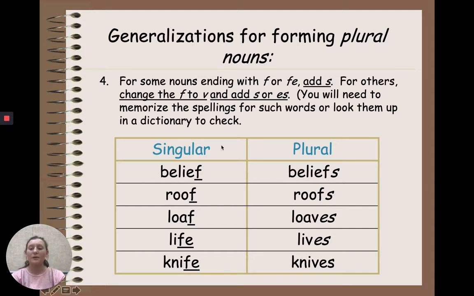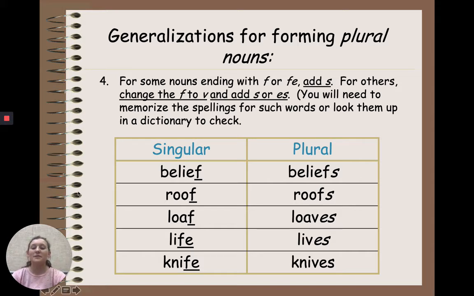All right, so our next one is for some nouns ending with F or FE, we need to add S. But for others, we need to change the F to a V and add S or ES. So these ones are a little bit tougher.